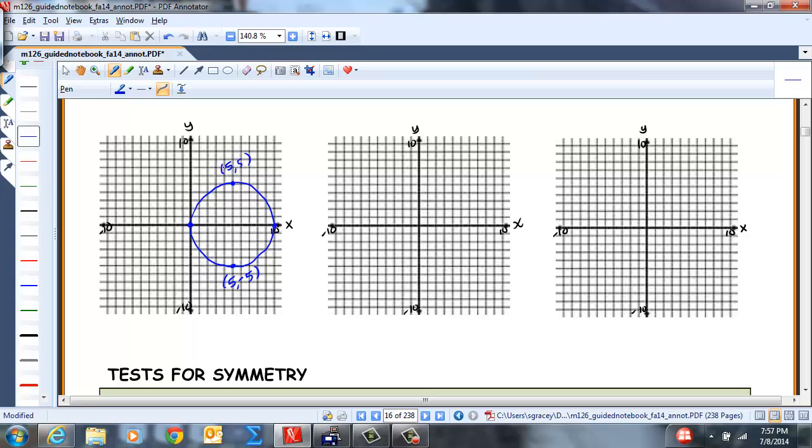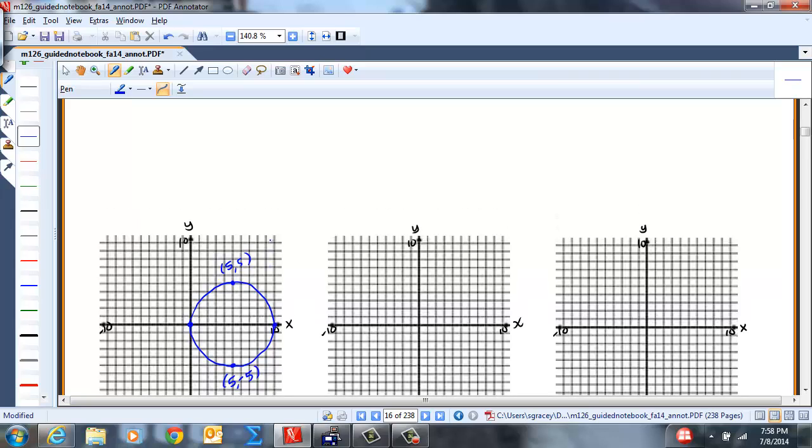So if you think of the 5, 5 ordered pair as your x, y, this 5, negative 5, do you see that the x is the same, but the 5 is just the negative of the other, the opposite of this one. So it looks to me like this guy is symmetric with respect to the x-axis.